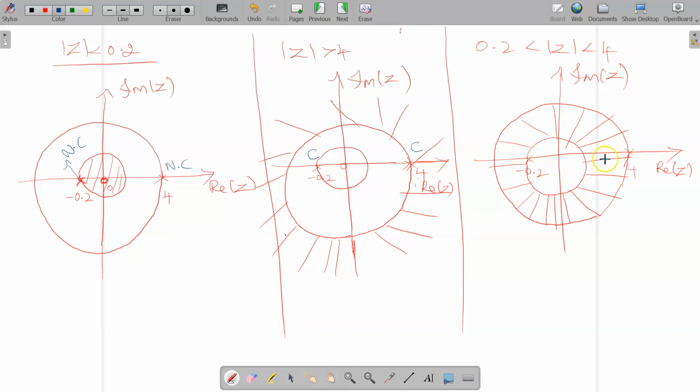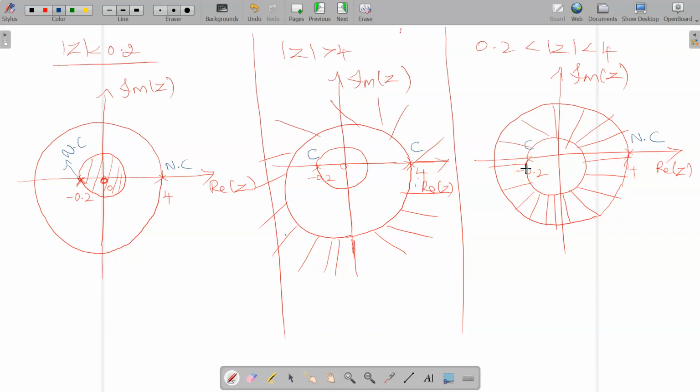Comparing this diagram, the ROC lies outside of this pole, so it is causal; the ROC lies inside of this pole, so it is non-causal. Whenever the ROC lies inside, that pole is non-causal. Whenever the ROC lies outside of a pole, that pole is said to be causal.